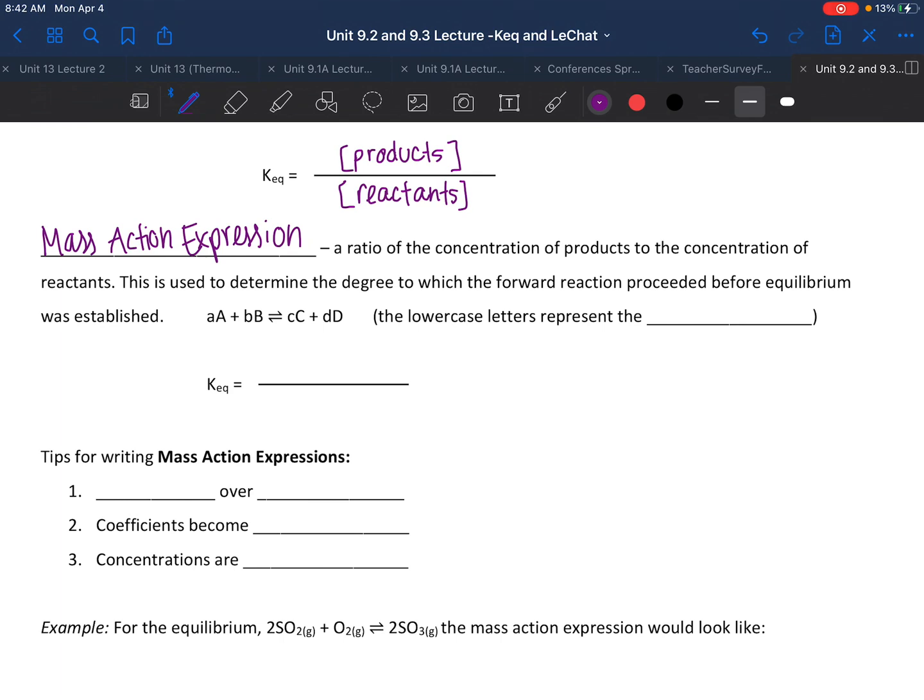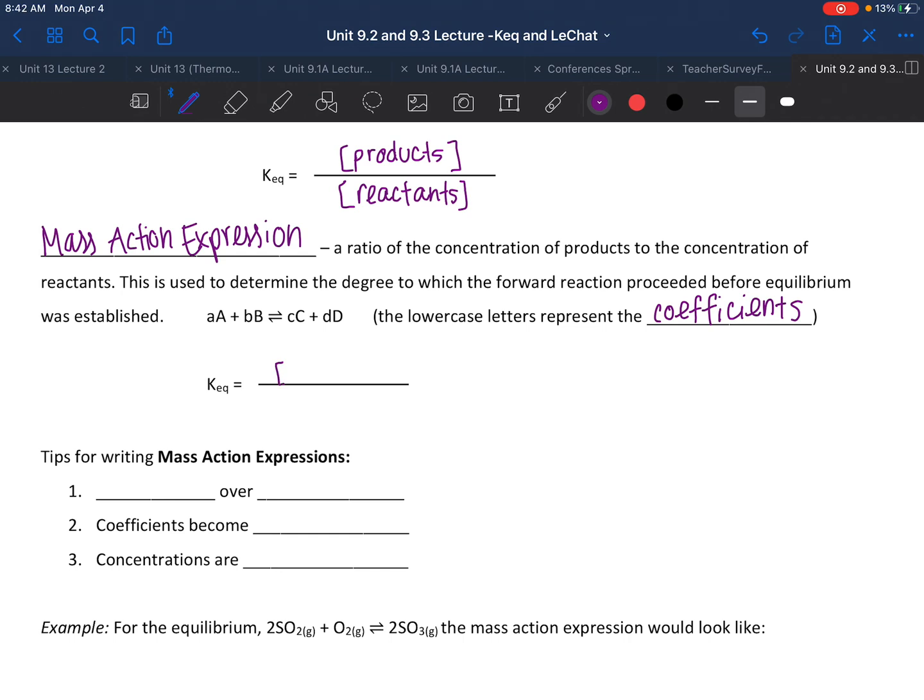And so the lowercase letters in this reaction here are going to be the coefficients. We're just taking some generic reaction where capital A reactant with the coefficient little a is added to capital B reactant with its coefficient little b, in a reversible process with C and D. And so how we express these is products over reactants.